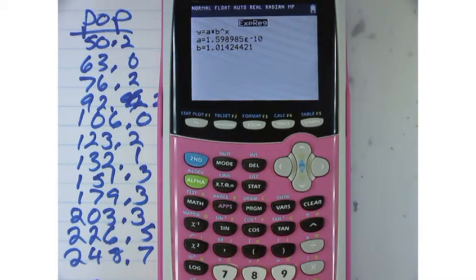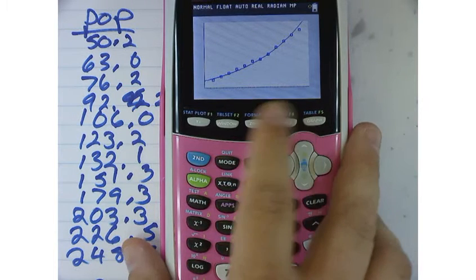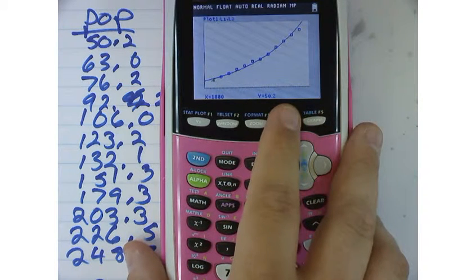So now what do I do? Well, if I'm curious to see what my number would be, I'm interested in the year 2000. So if I go to graph, notice that it's drawing my exponential function, and it's pretty darn close to all those points. I could hit trace.